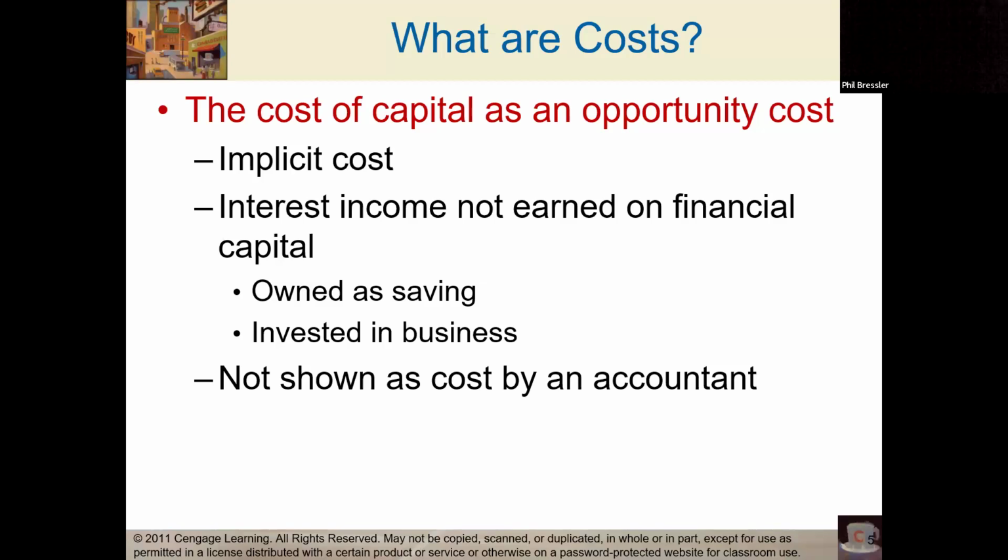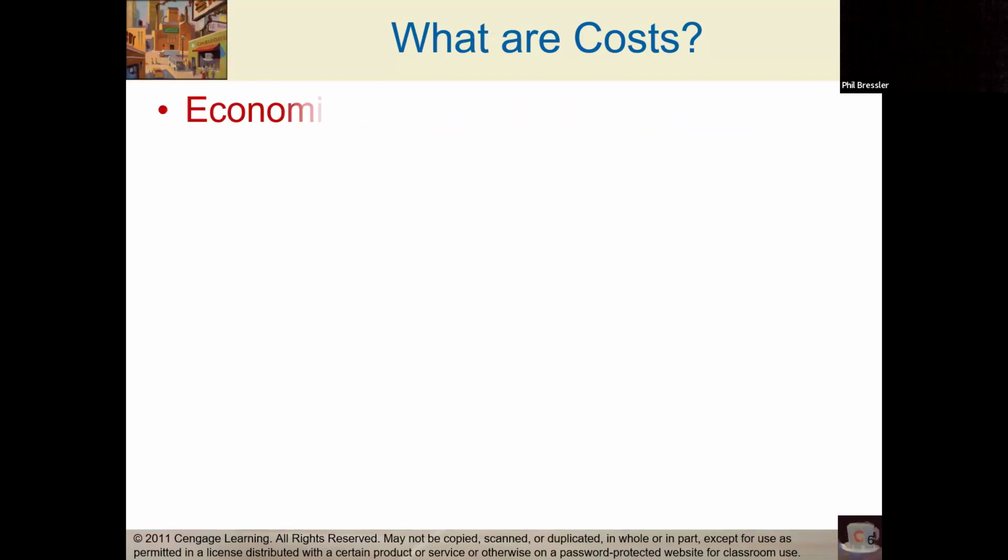But the 1,000 that I used to make on that interest, that is an implicit cost because I gave that 1,000 up to open my own business. And I think in one of the scenarios, I think it's Sarah, she opens up a business and gives up something, and I'll go over that so you can see that it's an implicit cost. Again, implicit cost is not counted by accountants.